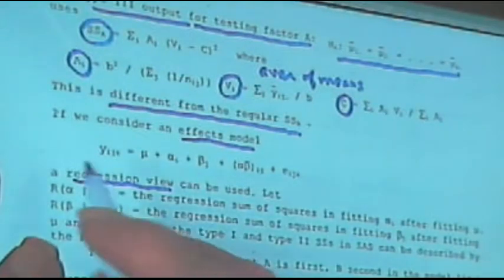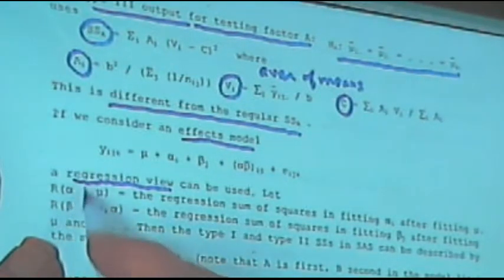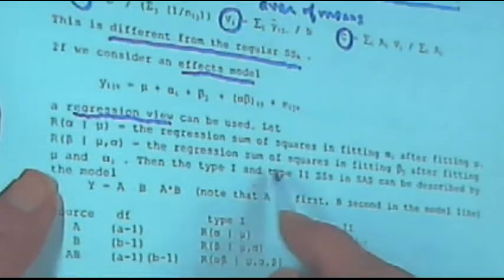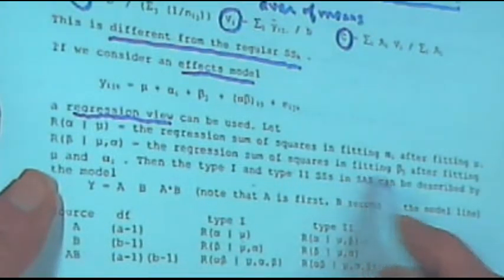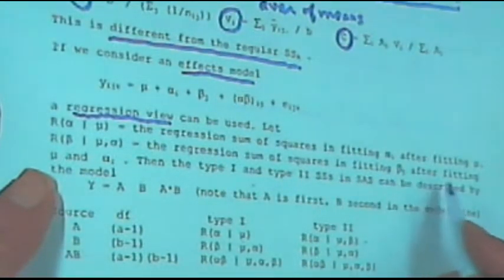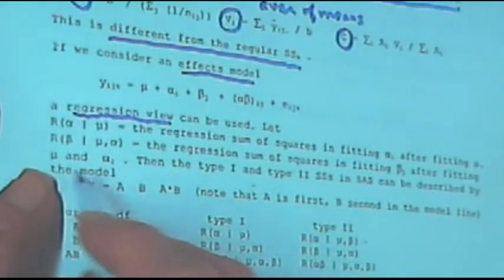So here's some notation. R of alpha given mu is the regression sum of squares in fitting alpha_i after fitting mu. R of beta given mu and alpha is the regression sum of squares in fitting beta_j after fitting first mu and alpha.